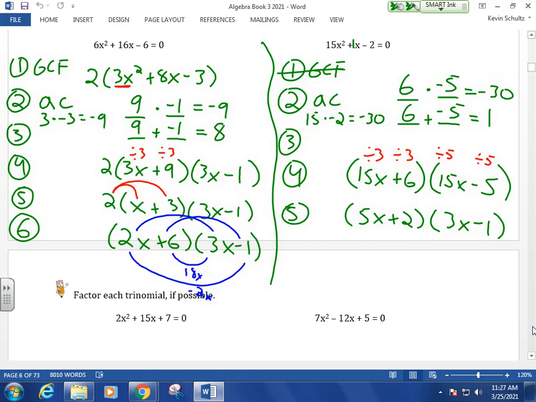So basically, you're just trying to get back to the starting. Right. You're essentially saying what binomial times what binomial equals my original expression. Just like if I asked you for the factor pairs of 50, what you come up with, 5 times 10, should multiply to equal the original term.